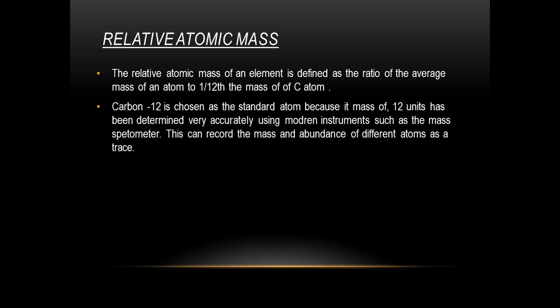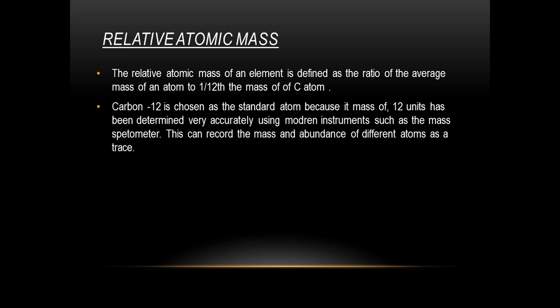So whenever we have to take the relative atomic mass or the mass of any element, you always compare the mass of the element with the mass of carbon, and that carbon is the isotope having the nucleon number of 12. Carbon-12 is chosen as the standard atom because its mass of 12 units has been determined very accurately using modern instruments such as the mass spectrometer.